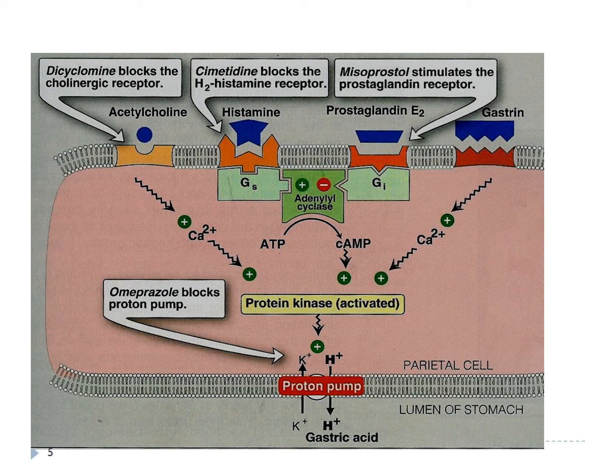The first one is dicyclomine, which blocks the cholinergic receptor and it acts through the calcium ions. The second is cimetidine, which blocks the H2 or the histaminic receptor. The third one is misoprostol, which stimulates the prostaglandin receptor and which is used in NSAID induced ulcerative conditions.